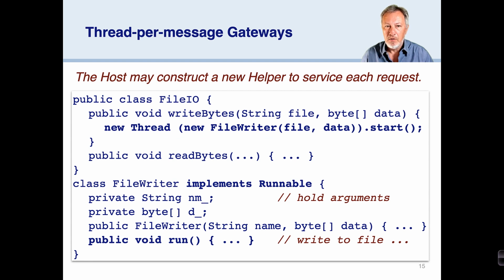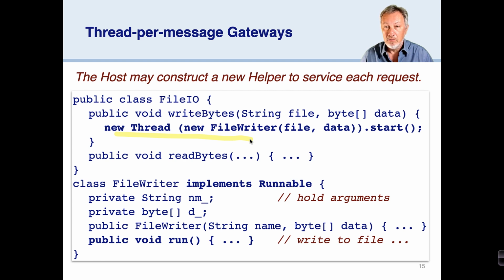Here's another example that illustrates how constructing a helper might be useful if the helper is performing I/O. Here, for example, the host wants to create a new helper to service each request, and we're making use of a file writer which will write some data to a file. In this particular case, the task of writing to the file is performed in a new thread.